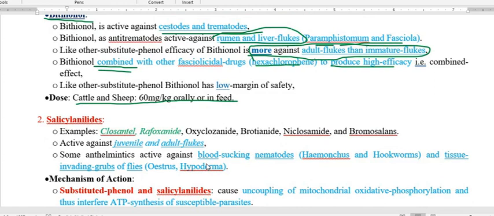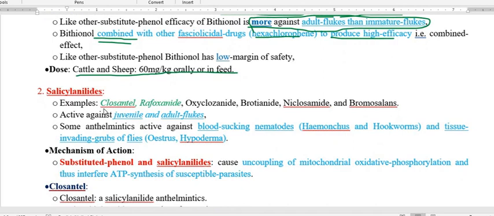Now we have to go through the second group, the salicylanides. Under this, the examples of drugs against trematodes are very good: clogental, rafoxanide, oxyclozanide, niclosamide, and bromsalans. But clogental as well as rafoxanide are important, as we initially mentioned, because they also act against the immature fluke, not only immature but also the adult fluke.